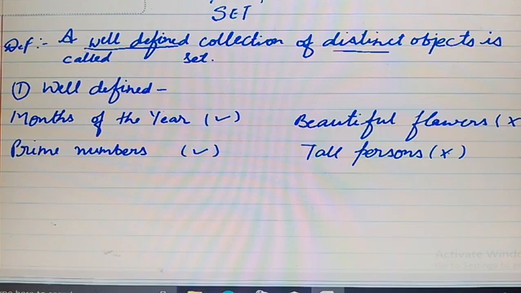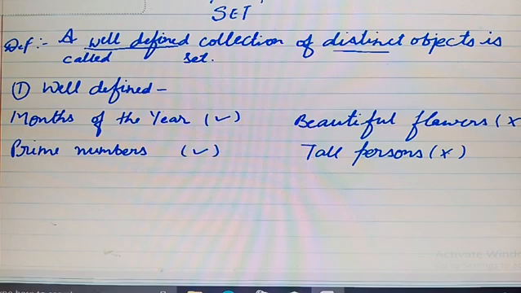I hope that you understand the meaning of the word well defined. And the second word is distinct. It means that the elements of the collection must be distinct from each other.